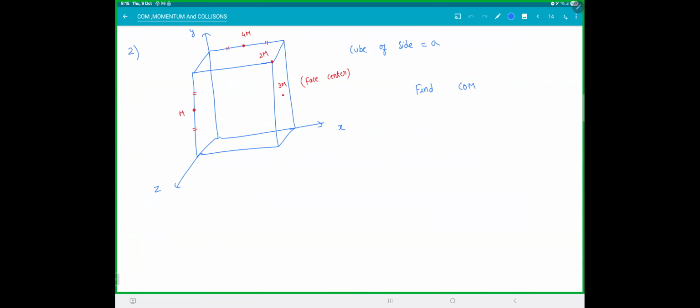So there are four particles, m, 2m, 3m, 4m. m and 4m are the midpoints of the sides. 2m is in the corner. 3m is the face center. There are six faces of a cube, and it is the center of that face. Easy one. Just get the coordinates and put it in the formula. There's nothing to think. Try. Give it 2 minutes. Is brute force working?